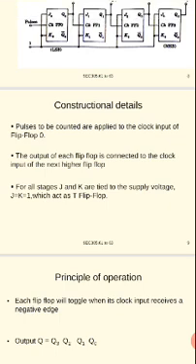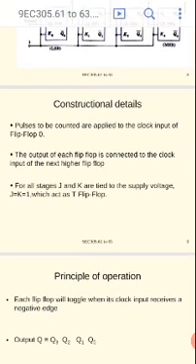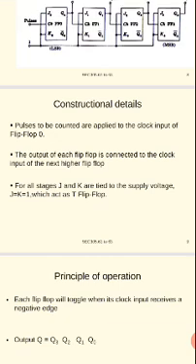Principle of operation. Each flip flop will toggle when its clock input receives a negative edge. Output Q equal to Q3, Q2, Q1, Q0.